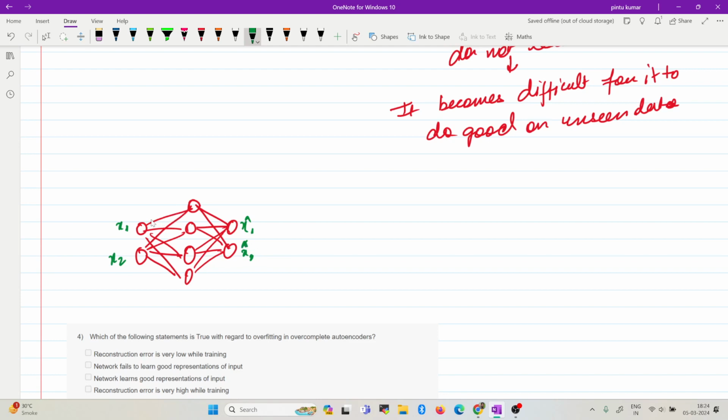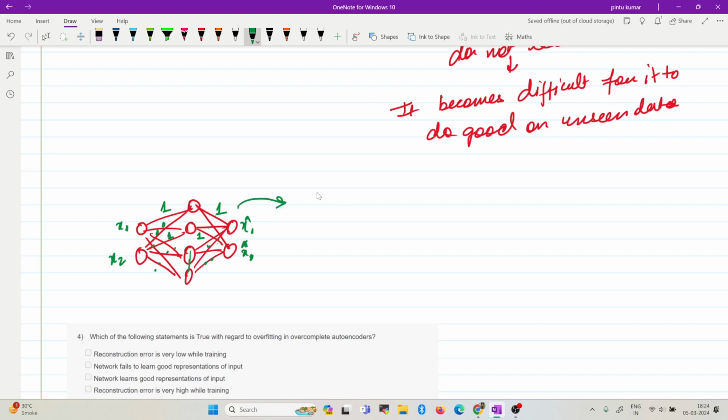So what you can do is give weight 1 to this connection and weight 1 to this one, and 0 everywhere else. Similarly, from here to here we want this, so you can give weight 1, and everything else 0. So this is just an identity map. You don't even need these hidden neurons.